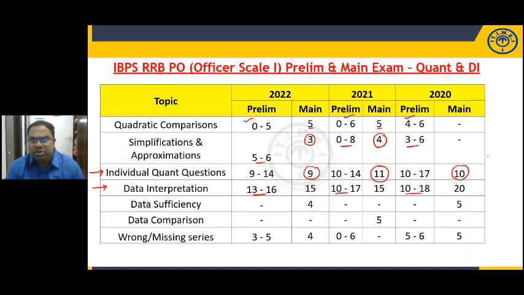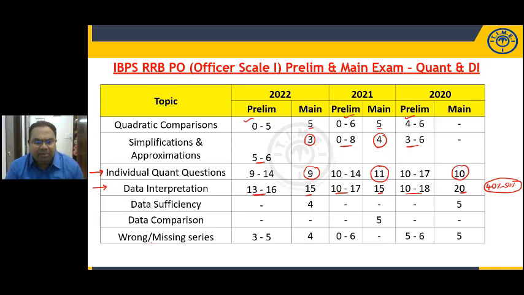That means almost 15 questions out of 40, close to 40% of the questions, are from data interpretation. 15 questions in the last 2 years of the main exam. Before that, about 20 questions. That means 20 out of 40, almost 50% of the questions. So 40 to 50% of the questions are based on data interpretation. This is one of the important areas.